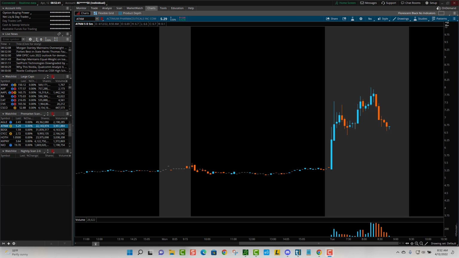That's why scanners are really important, because they pick up the volume and the momentum. There's breaking news in the pre-market, stuff like that hits the scanners, and that creates the volume, the buying and the selling.